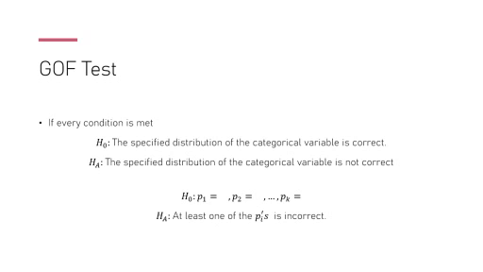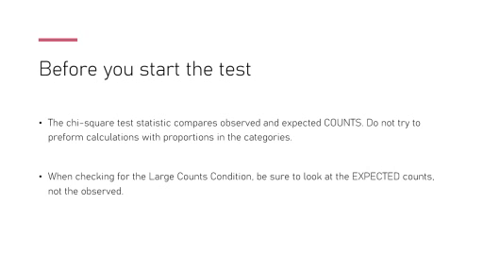But if you only have like 3, you could say this one is 20%, 30%, 50%, done. And then your alternative is that at least one of those is incorrect. So just one being incorrect will reject the null hypothesis, because again, we want it to match up the distribution that was given.